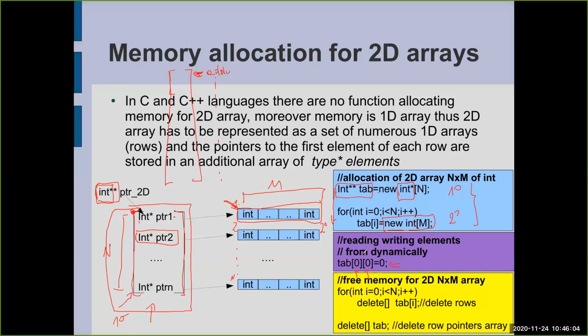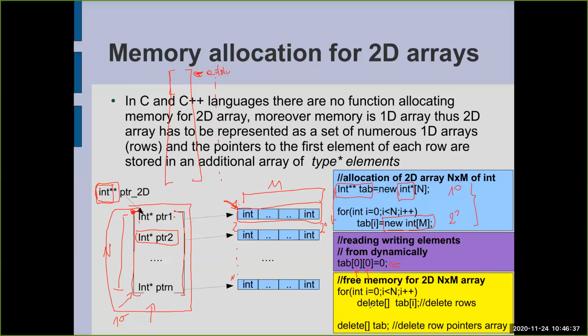So again, there is no difference in array handling, whether you use an automatic array or a dynamically allocated array. But there is a difference because I have to release this area when I stop using this array.